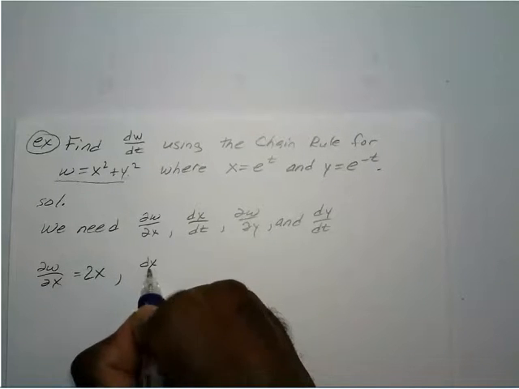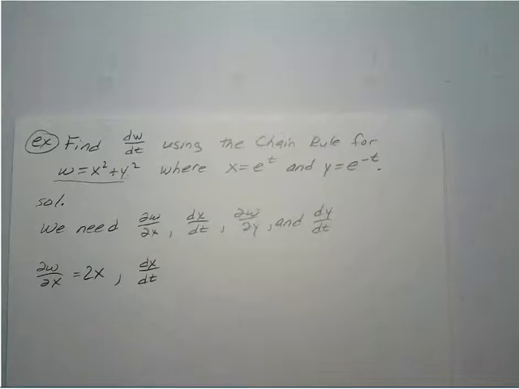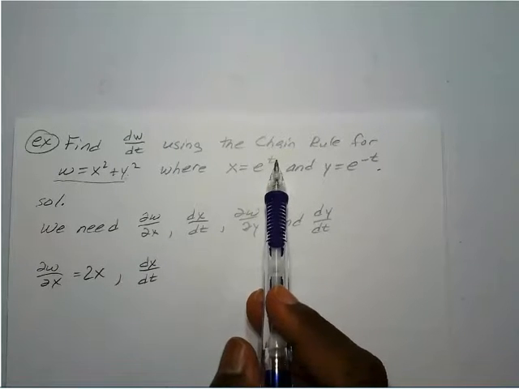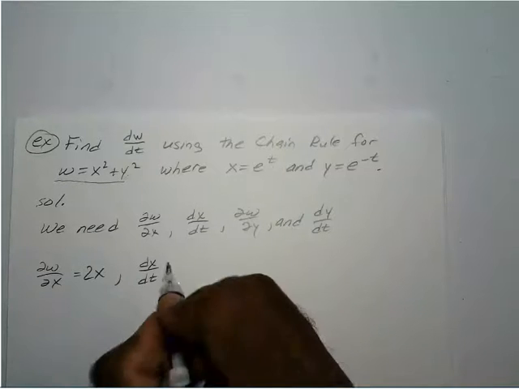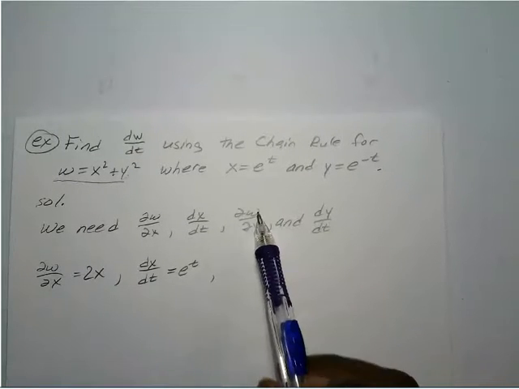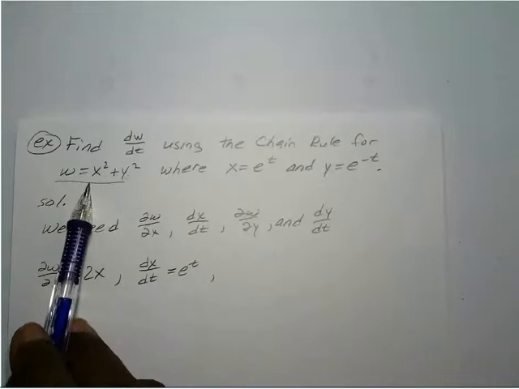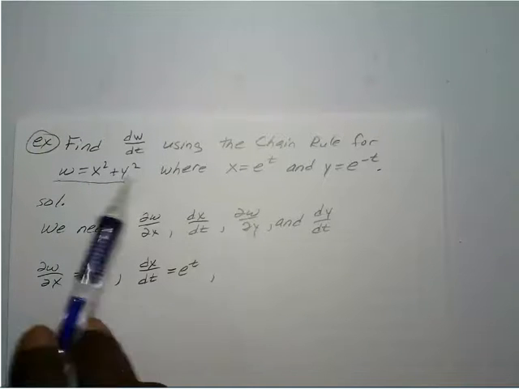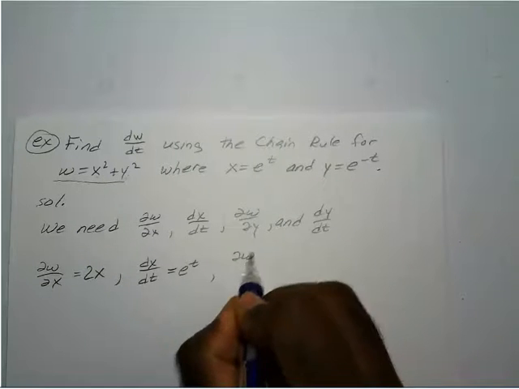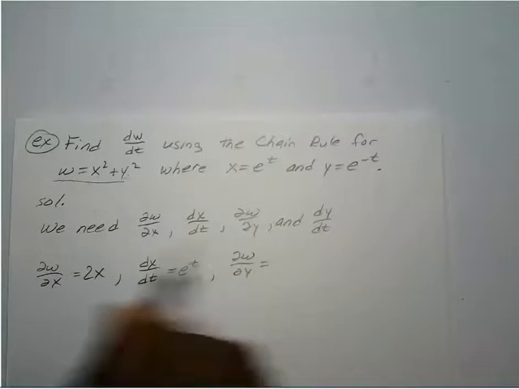Okay. Now our dx/dt, the derivative of x with respect to t, the derivative of e to the power of t, is just e to the power of t. The partial of w with respect to y, with respect to y, x squared is going to be 0, so our partial of w with respect to y is going to equal 2y.